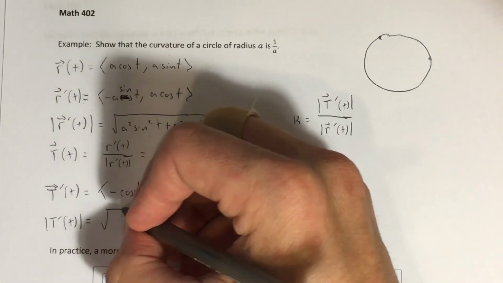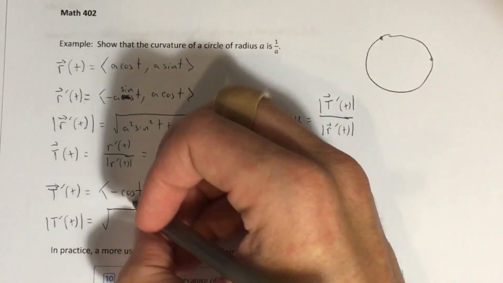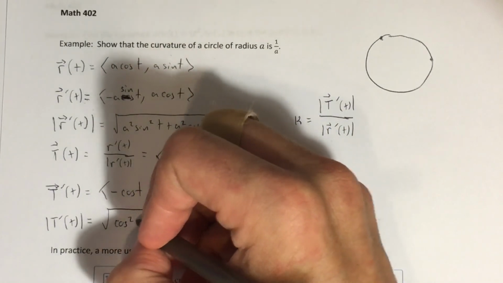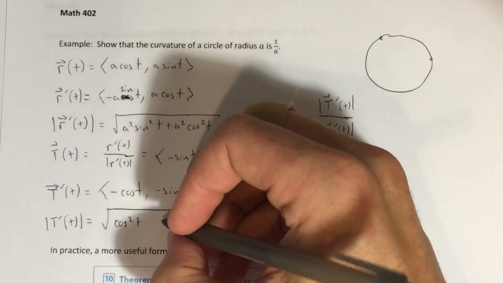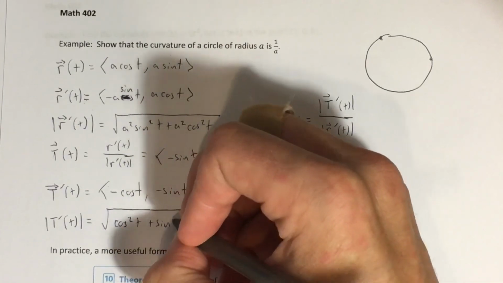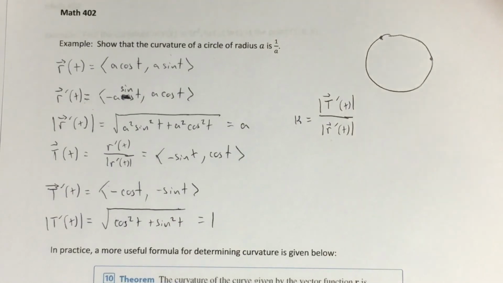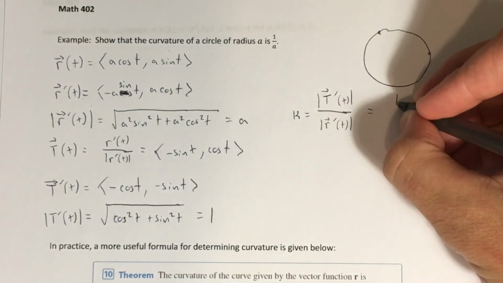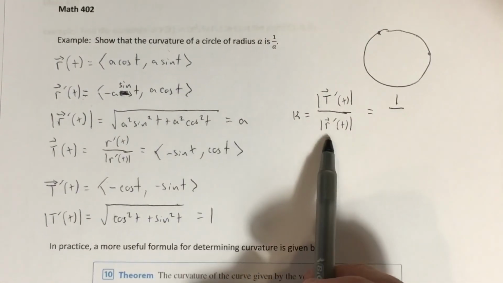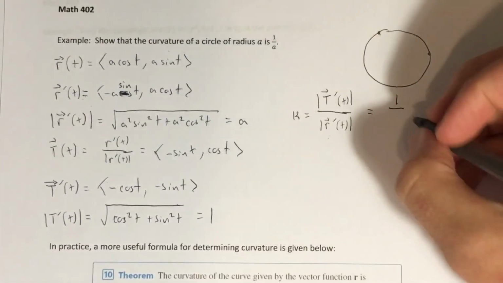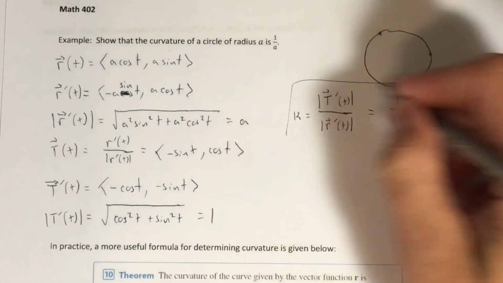Well, it would be the square root of negative cosine of t squared, which is just cosine squared of t, plus negative sine of t squared, which is sine squared of t. This whole thing is just equal to 1. Putting that all together, we get 1 over, and again, r prime had a magnitude of a, so 1 over a. And that's what we were trying to show.